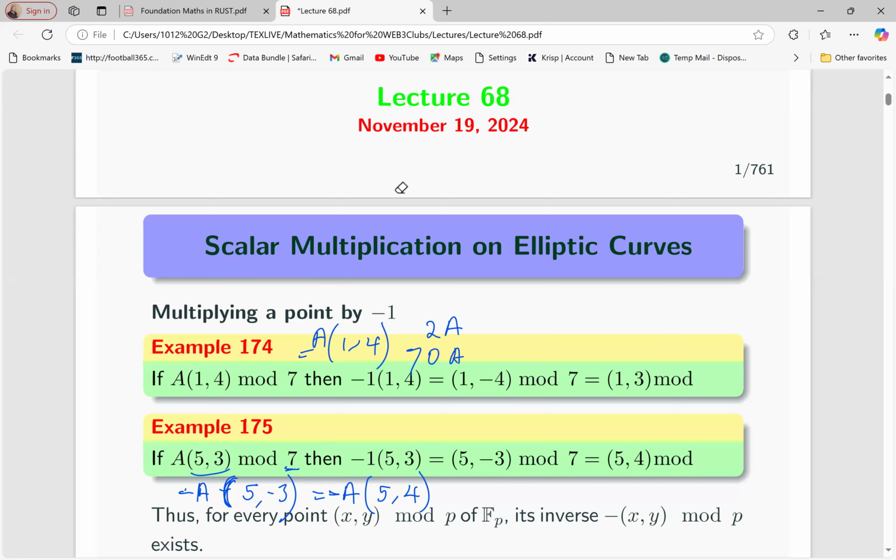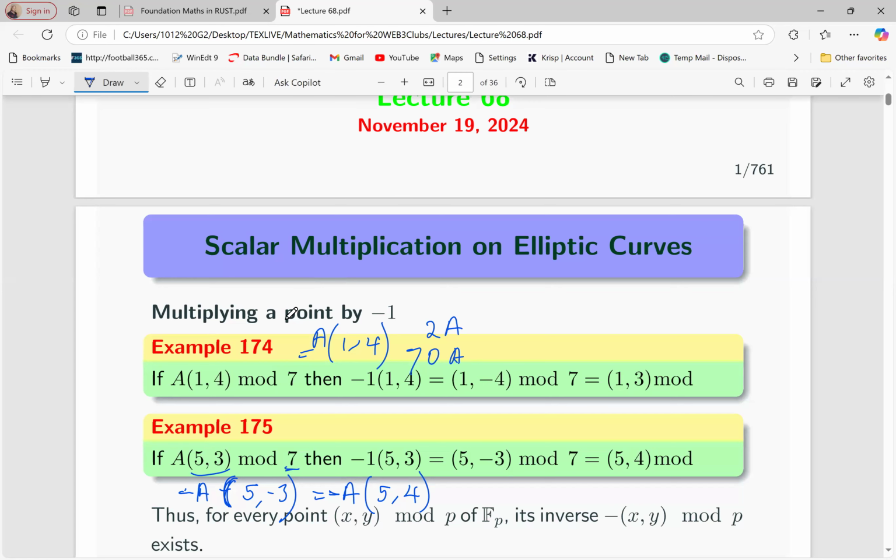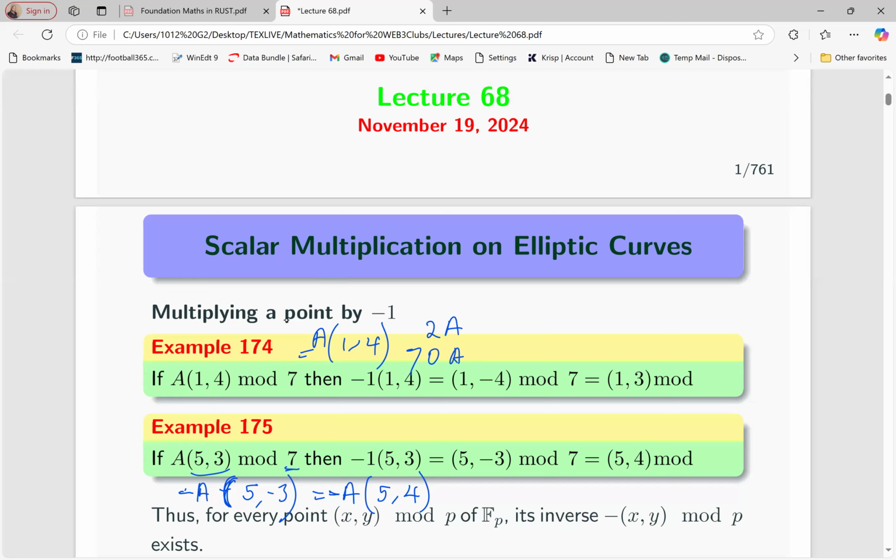In fact, the easiest way to do this, just before you go to the code, and that is what we shall be doing: supposing I'm supposed to get 8A, if that is a question. The first thing I'll do, I get 2A. Then on this 2A, I'll add A to get 3A.